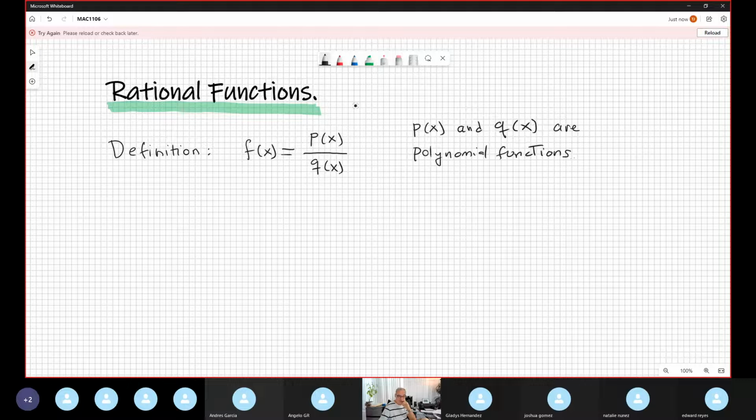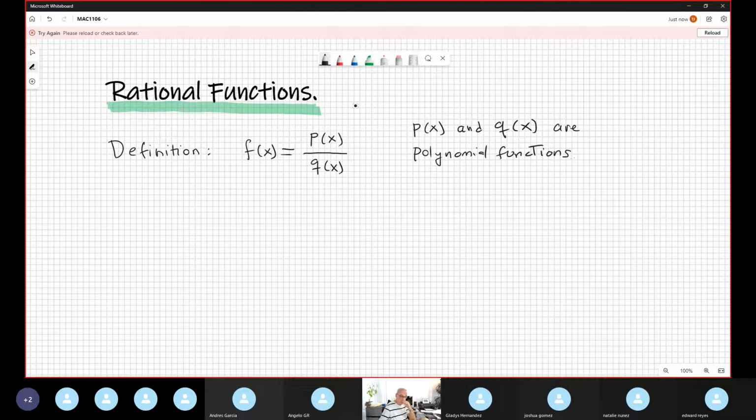It's nice, continuous, smooth, no restriction, never. But in rational, maybe yes, because of the division. When you divide, the denominator can never be zero. If it is zero, it is undefined. Entonces, the domain is not always all real numbers. Sometimes yes, but sometimes no.